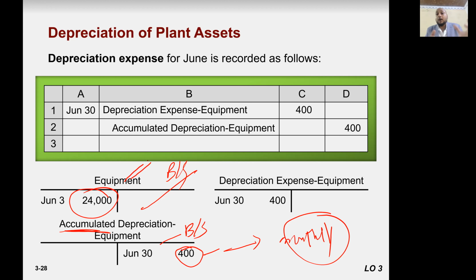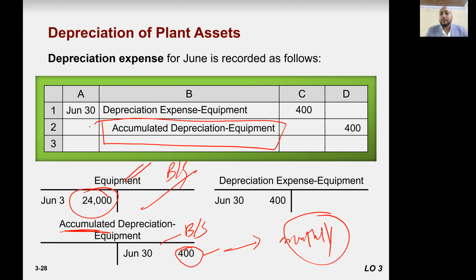So now we want to know how much we have spread the cost over the life of the years. How much is the total accumulated depreciation? That's why we create a separate account called accumulated depreciation.